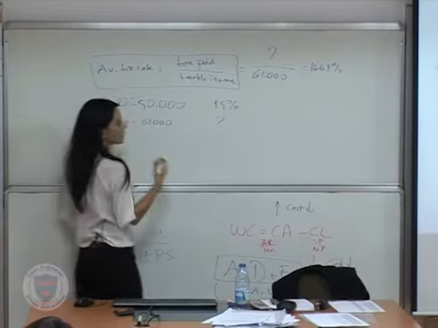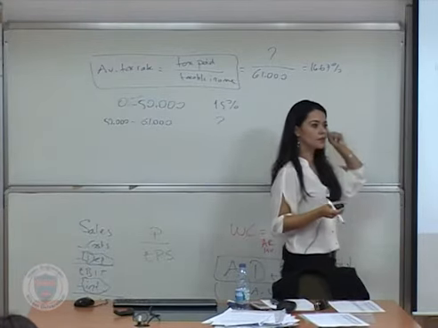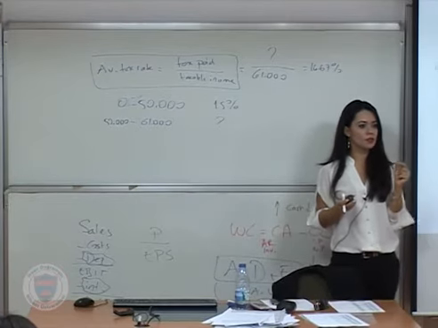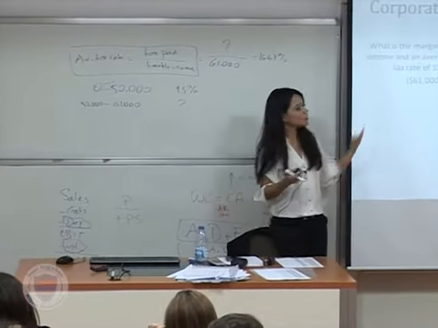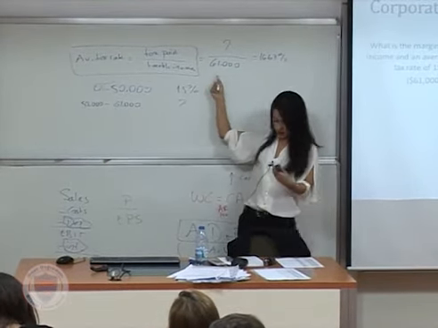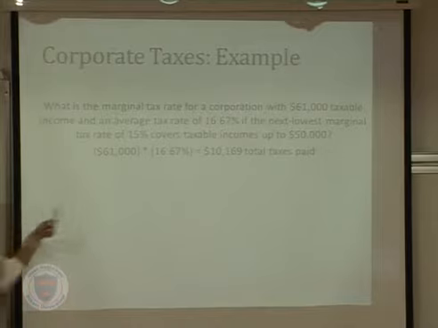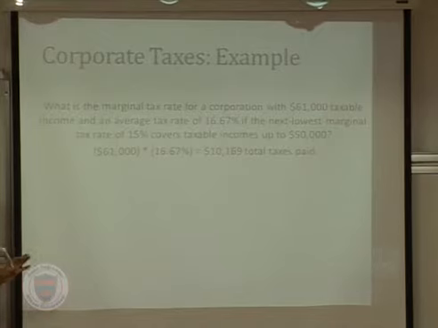I know the average tax rate, 16.67%, and this number gives me the percentage of how much tax I paid compared to my taxable income, which is $61,000. So from this equation, you can calculate that 10,000 something is paid to the government. This is the overall tax you pay to the government.